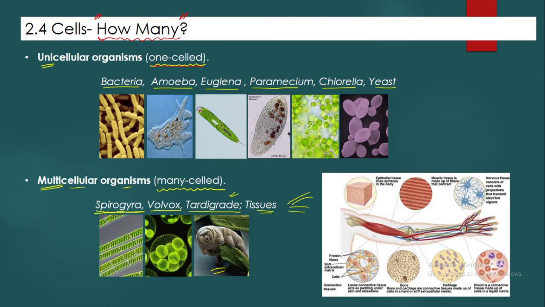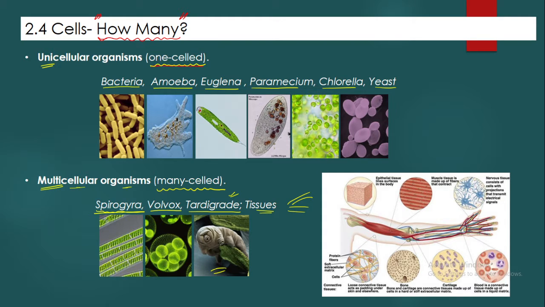It is just one cell, and it is easily visible to the human eye. So this is a general idea of how small a single cell would be and how large a single cell can be.